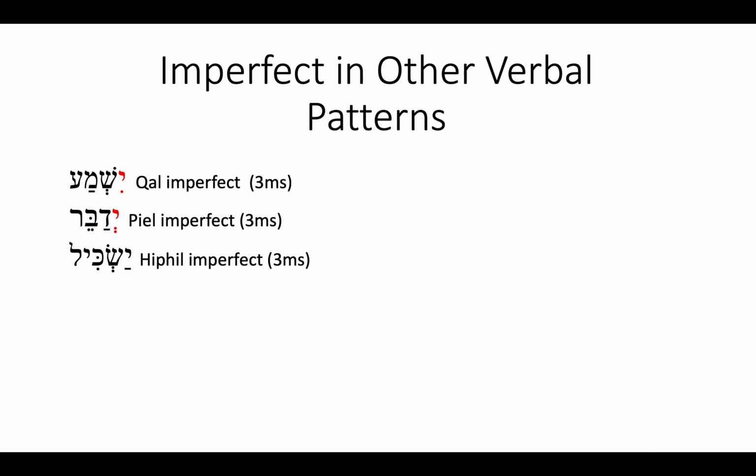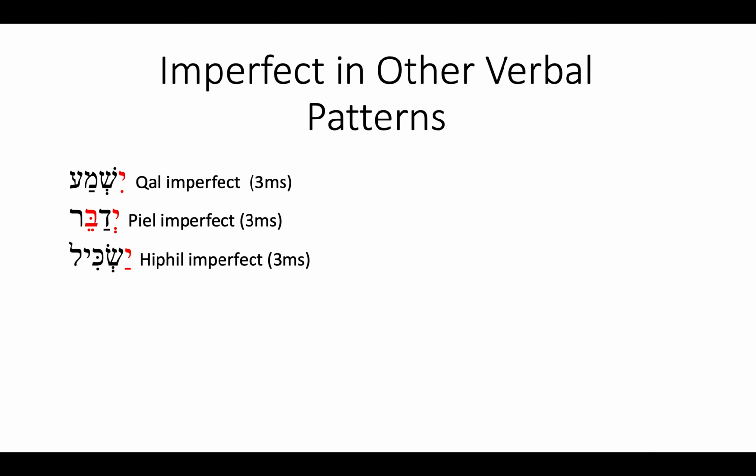In PL, instead of ye, we have a schwa under the prefix, so that's helpful for us. And in HIFIL, instead of ye or ya, we have ya, so a patach under the prefix is very typical for strong rooted verbs. Another feature of the PL is that, just like in the perfect form, if the middle root letter can take a dagesh, we would see it also in the imperfect.